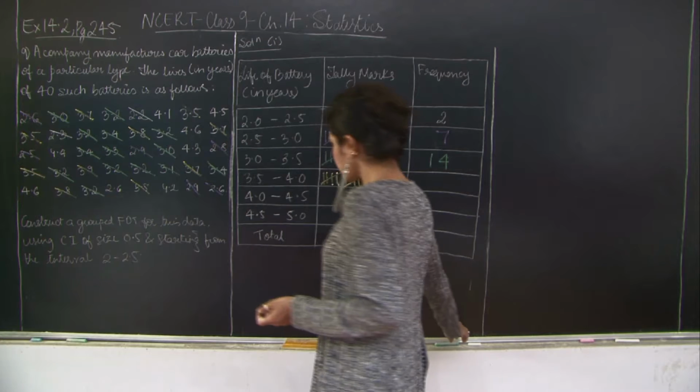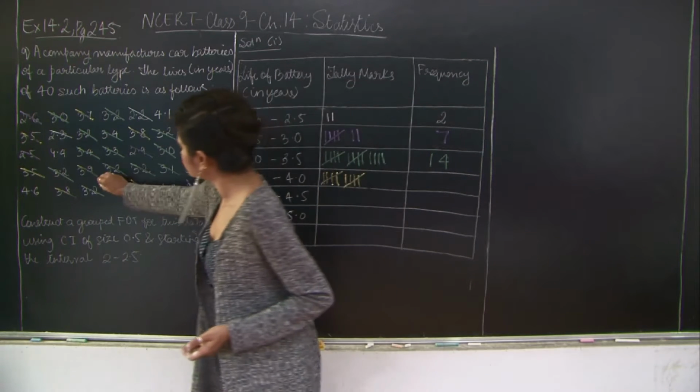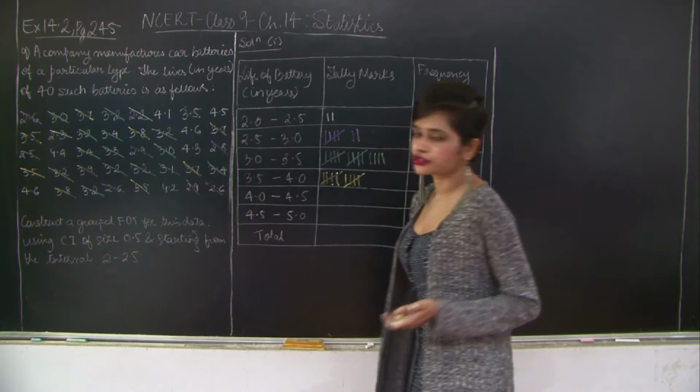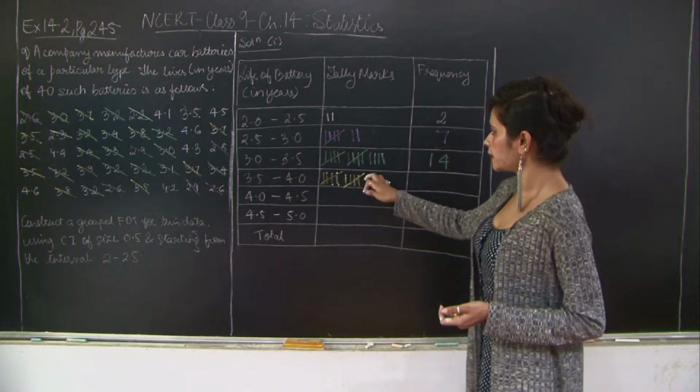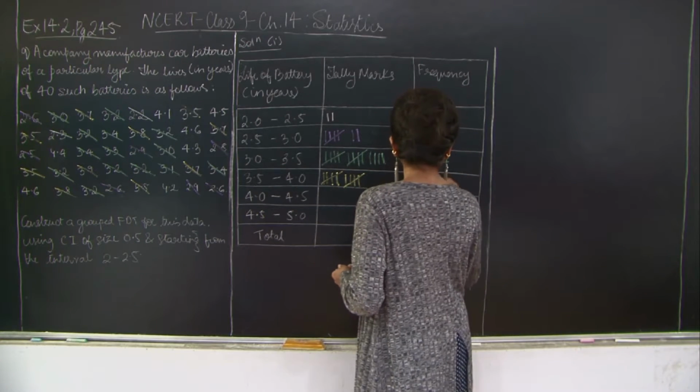And I had missed striking that off, so I'll strike off 2.6 with a purple chalk. We had already added this but not struck off that value. So anyway, this is 5 plus 5, which is 10. So let's write down the frequency, which is 10.